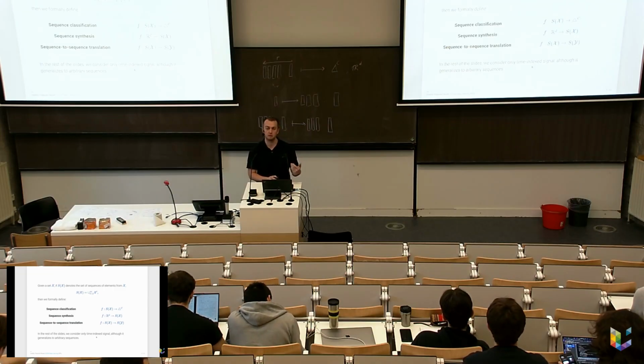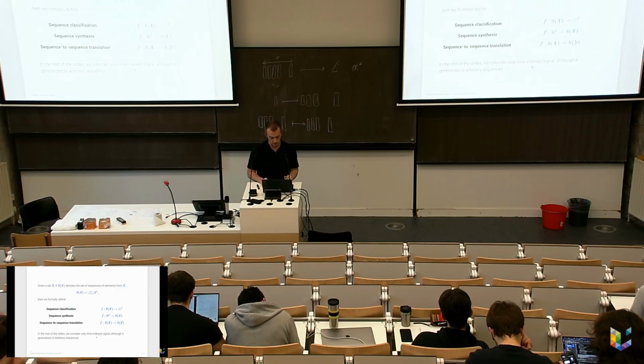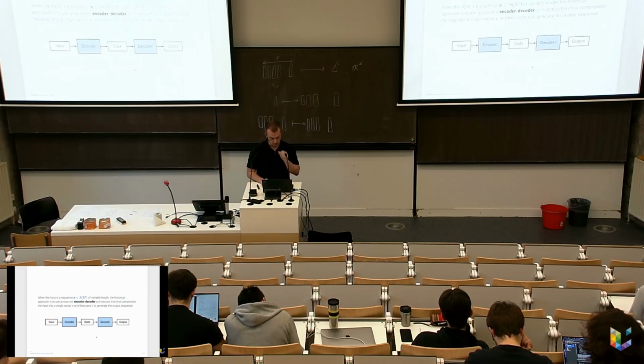It could be, for example, the position in a sentence in text, or the position of the frame in a video. But what we'll see generalizes to more dimensions, if you want, or to things that are not really time index signals.